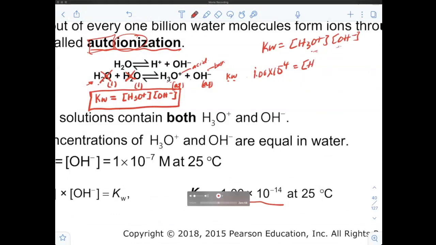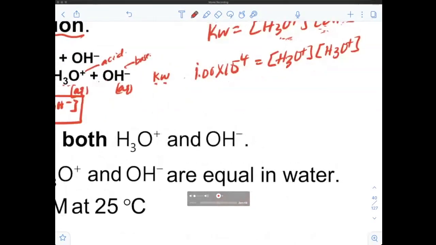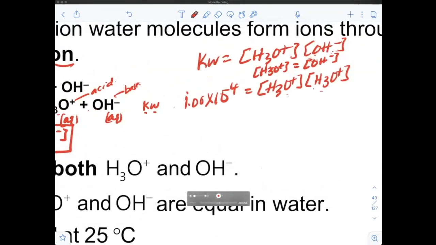So write it like this: H3O plus, and then replace the OH minus with another H3O plus, just because they're equal to each other. We just said in water, H3O plus is equal to OH minus. If they're equal to each other, we can replace it in the equation to solve for this. Oh, this is supposed to be negative 14. So this becomes H3O plus squared, and this becomes 1.00 times 10 to the power negative 14.